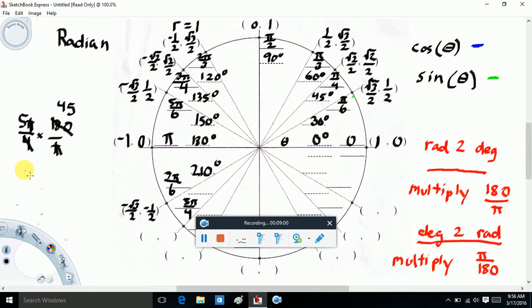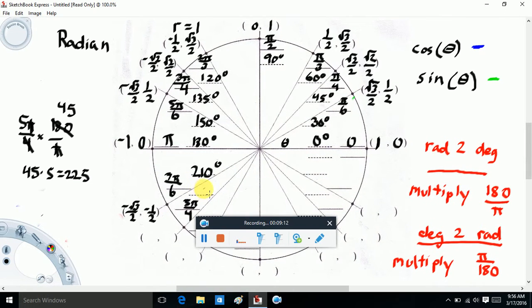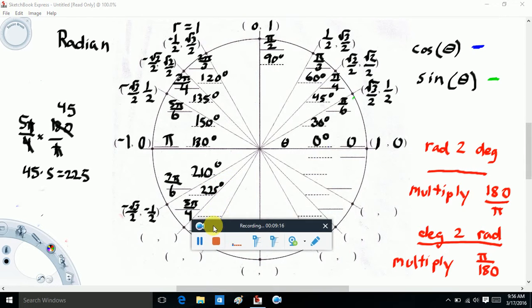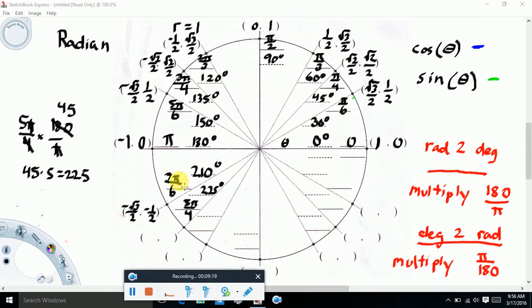And 45 times 5 is 225. So this degree measure is 225. Here again they're both going to be negative, so that's negative square root of 2 over 2, negative square root of 2 over 2. The rest of this I'm just going to quickly fill out.